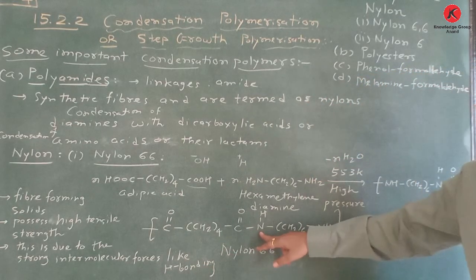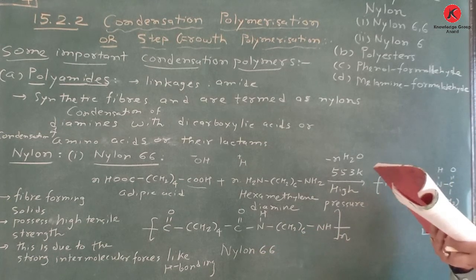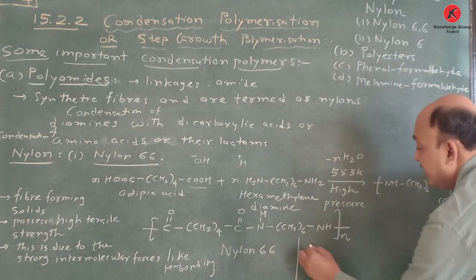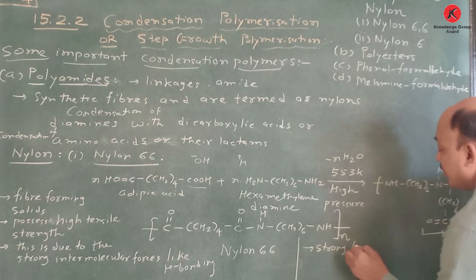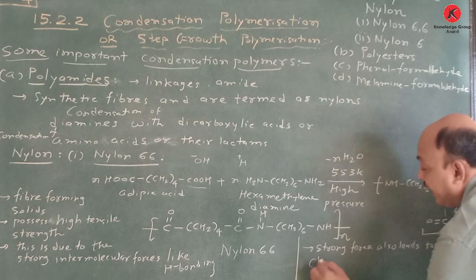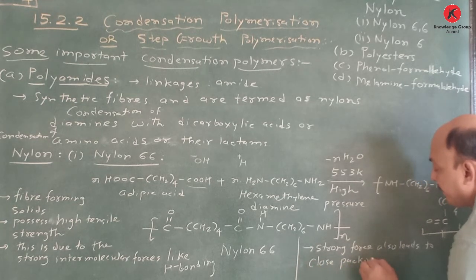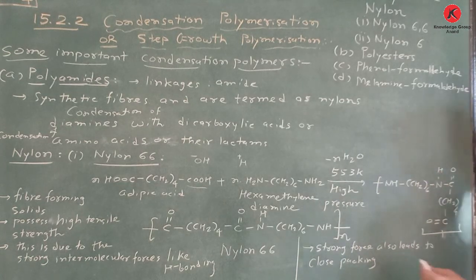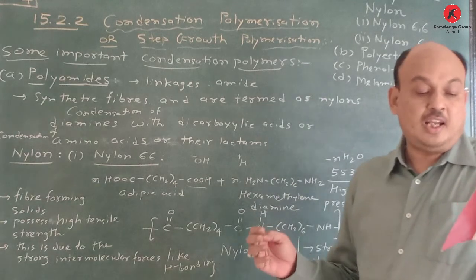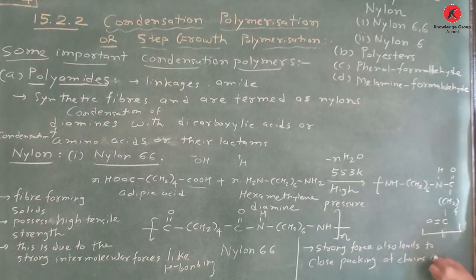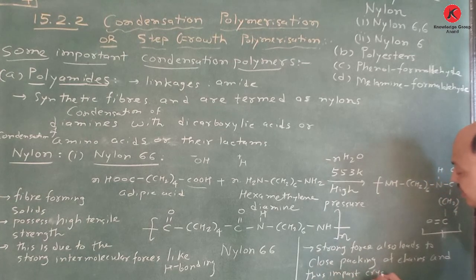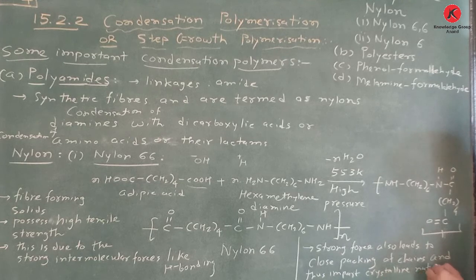You know C double bond O and NH are there, that's why hydrogen bonding is produced, and due to that this strong force also leads to close packing of chains, and thus imparts crystalline nature.